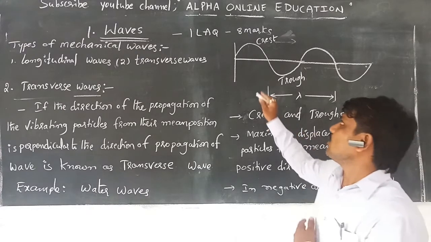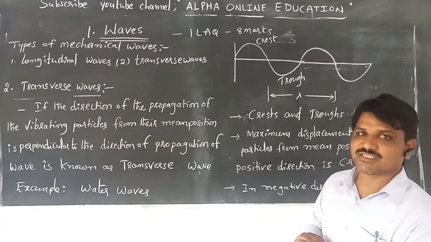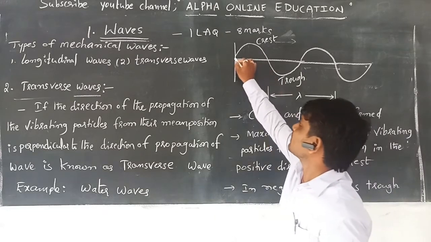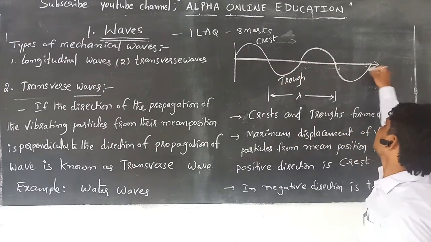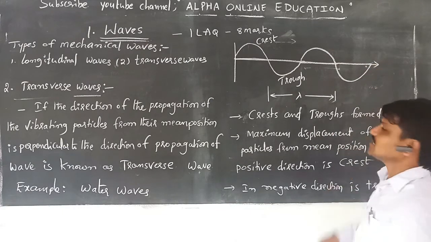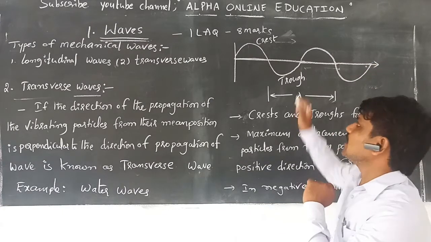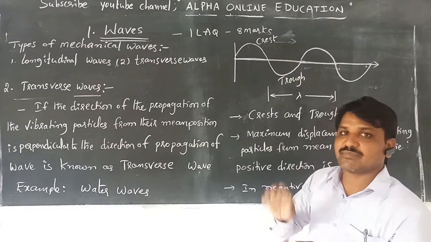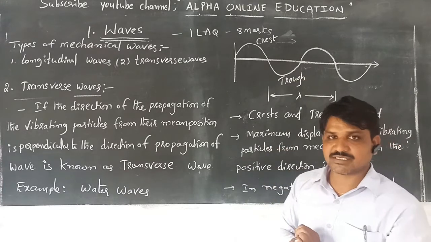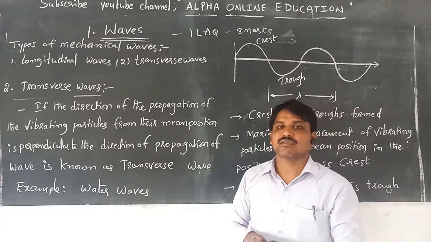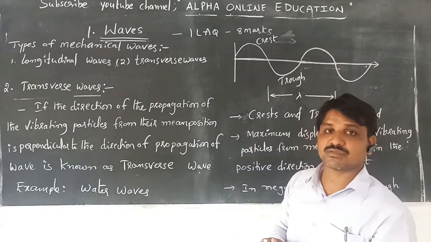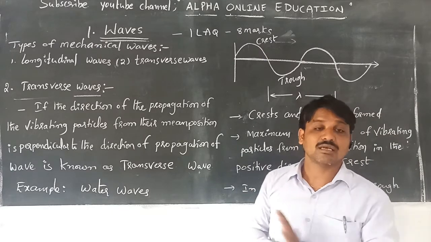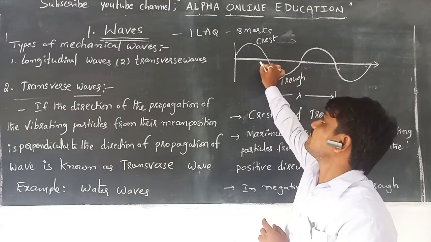So what is a crest? First of all, in transverse waves, the wave propagates in this direction, and the particles vibrate perpendicular to it, like water waves. We can see the ocean waves coming to the bank.